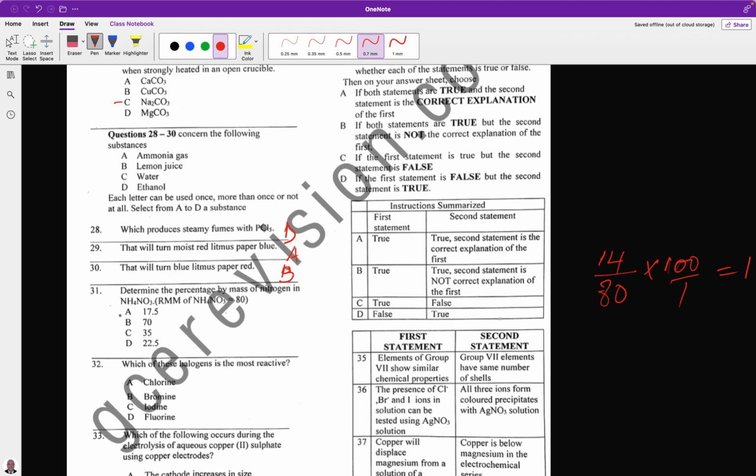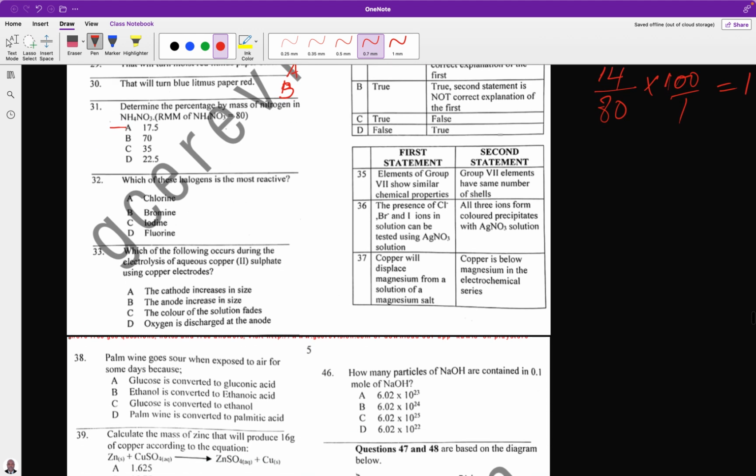Now, question number 32. Which of these halogens is the most reactive? Reactivity of halogens decreases down the group, unlike in metals, where reactivity increases down the group.